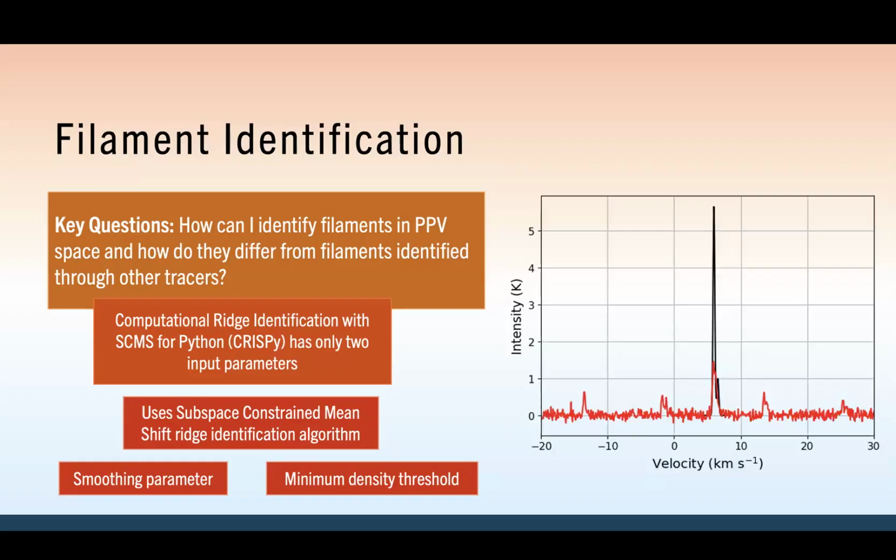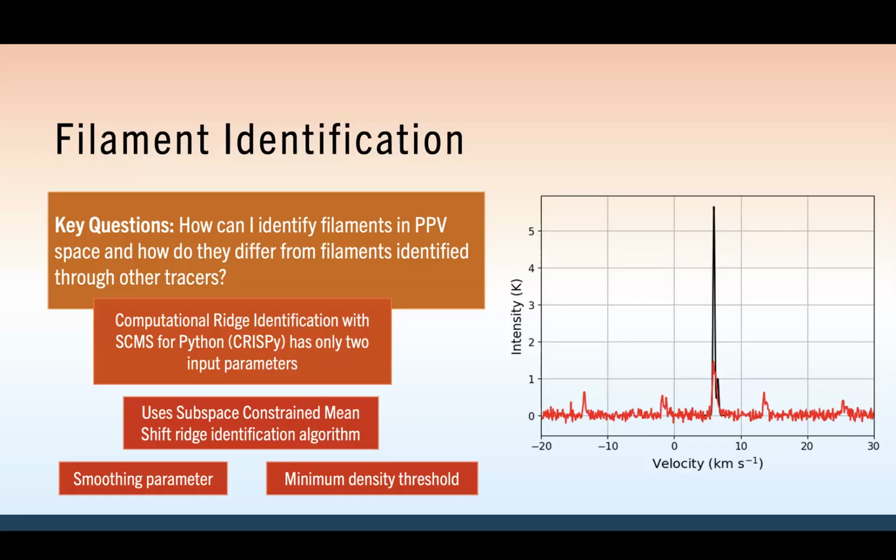Because rather than using the raw ammonia spectra, I collapsed this down into being a single Gaussian that has the same velocity and line width and the same total integrated intensity. So then I can put in some minimum intensity threshold, which I believe I generally put in 1.5. So if the total Gaussian falls below the 1.5 Kelvin mark, then it doesn't consider it for looking for filaments.